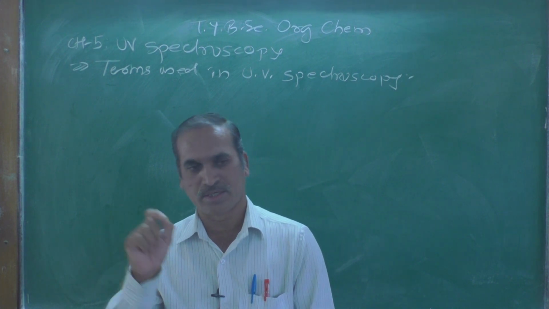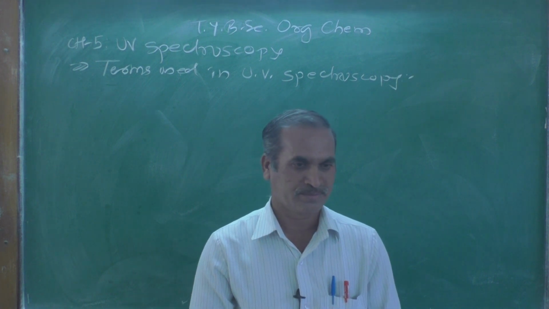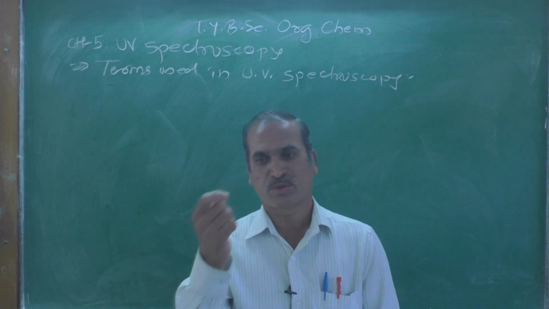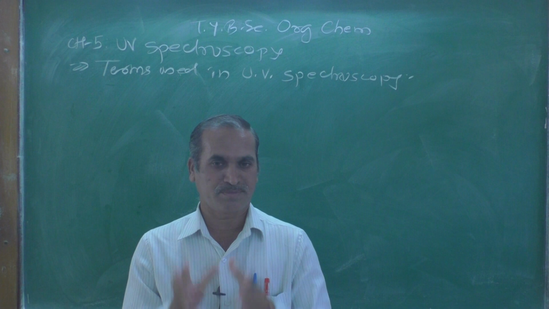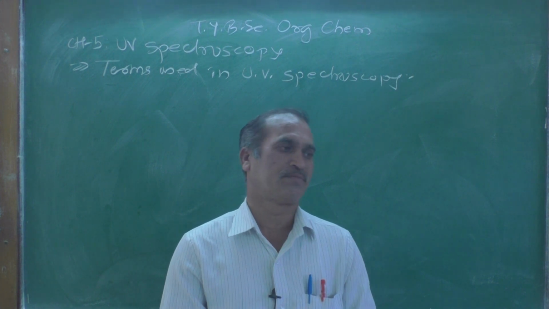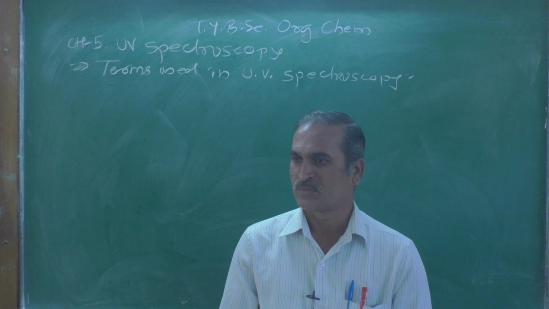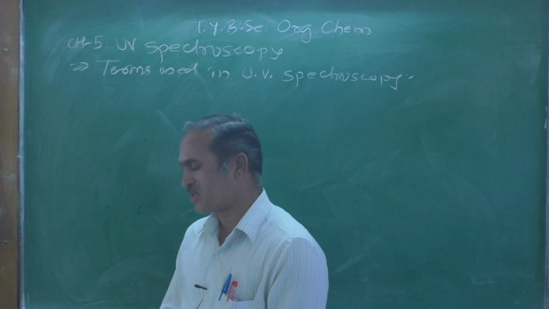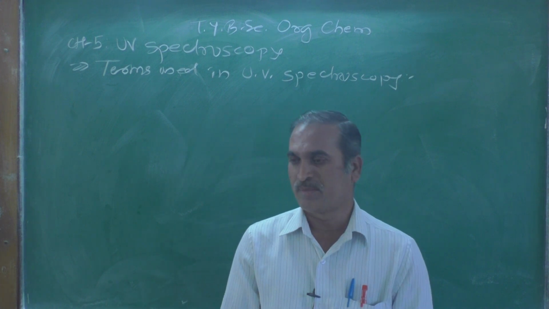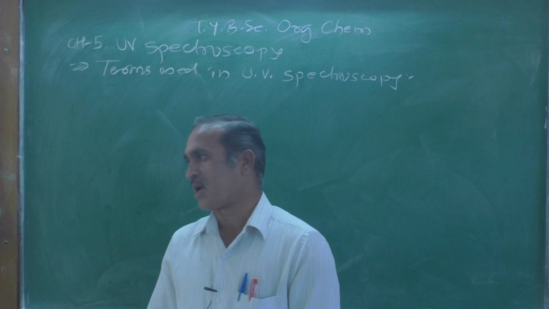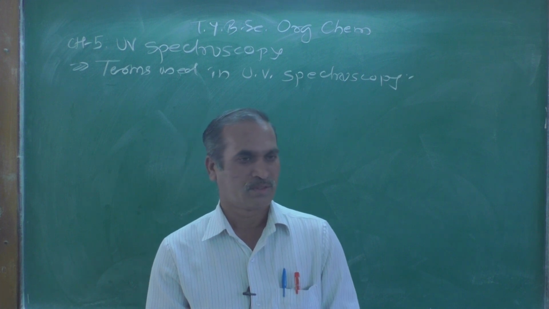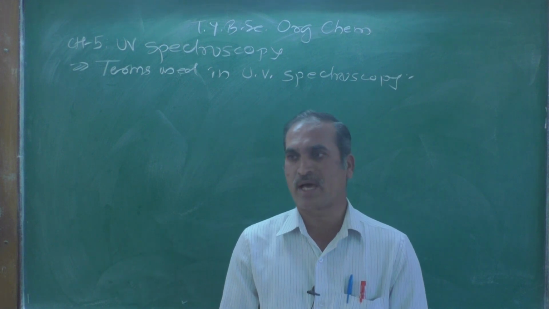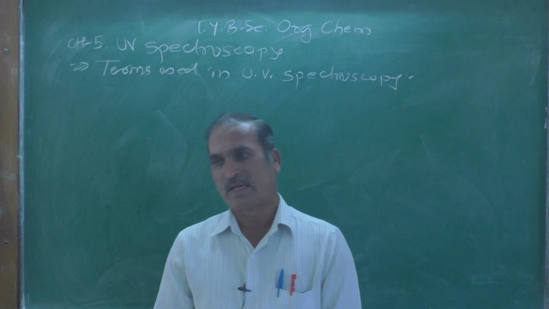The second important transition will be pi to pi star transition, which is observed in organic compounds which are unsaturated in nature, meaning containing a multiple bond, carbon-carbon double bond. Examples of this type are alkenes.